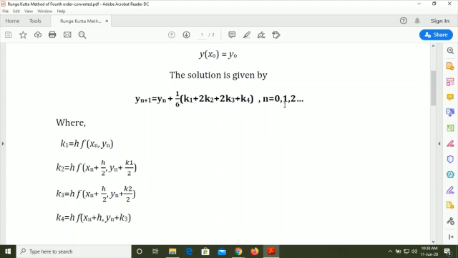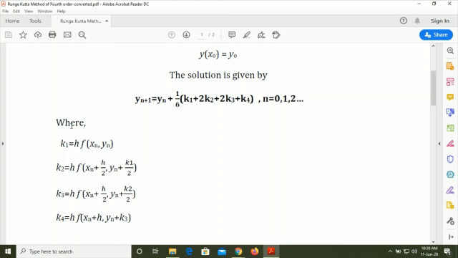When n = 1, we get y2 = y1 + 1/6 (k1 + 2k2 + 2k3 + k4), and so on.